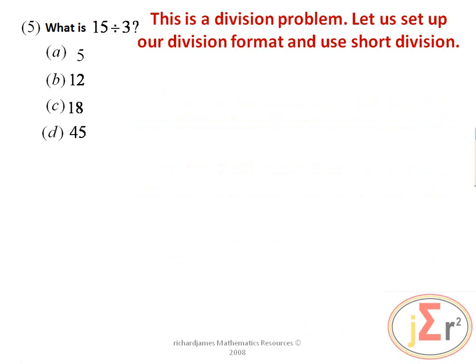Let us set up our division format and use short division. So that is our arrangement when we need to divide. The number that we are dividing into goes here, and the one that we are dividing by will go right here.